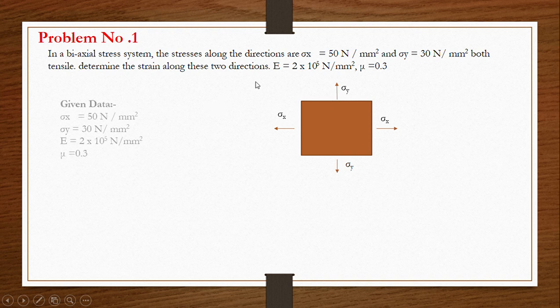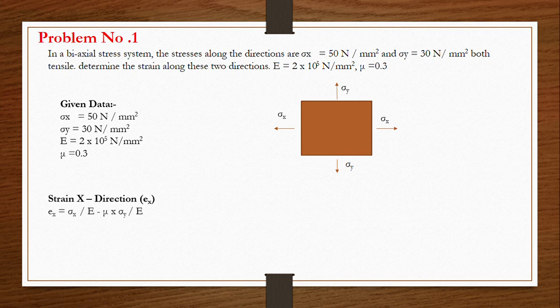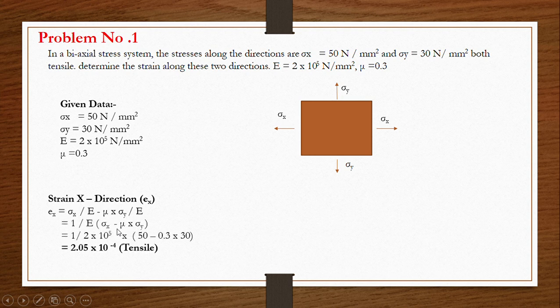We have the value of sigma x, that is 50 Newton per mm square, and sigma y is equal to 30 Newton per mm square. We have the value of E, that is modulus of elasticity, 2 into 10 raised to 5 Newton per mm square, and the value of mu, that is Poisson's ratio, is 0.3. We have the formula we studied earlier: strain in x direction, epsilon x, is equal to sigma x divided by E minus mu into sigma y divided by E. Just substitute the values.